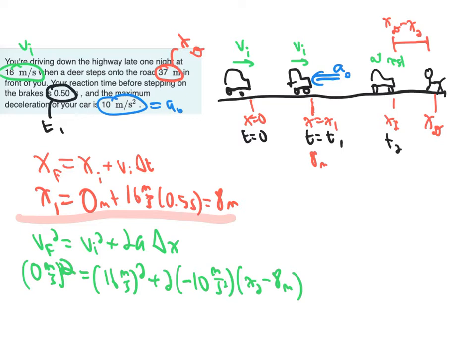Then we just do some algebra. x2 minus 8 meters, isolating that by itself, is going to be 0 minus 16 meters per second quantity squared over 2 times minus 10 meters per second squared. Remember, the first is 16 meters per second, all squared; the second is 10 meters per second squared. So we have minus 16 quantity squared over 2 times 10.